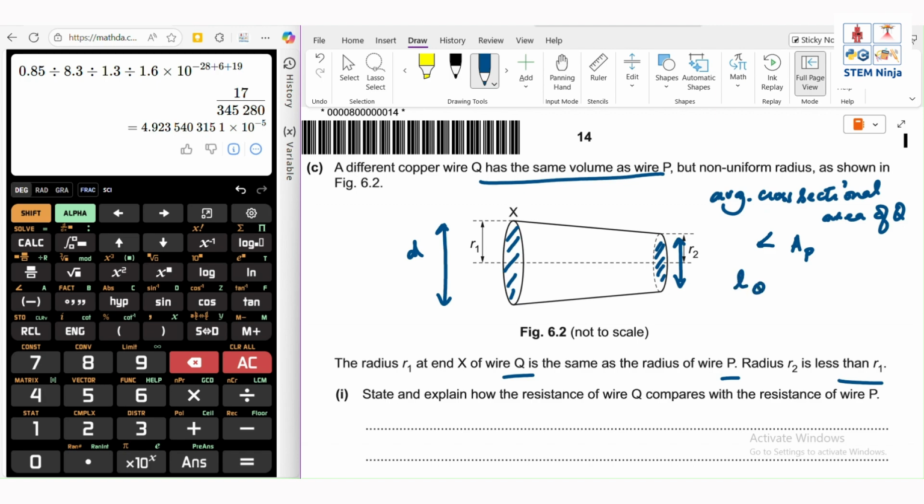So length of Q would be greater than length of P.